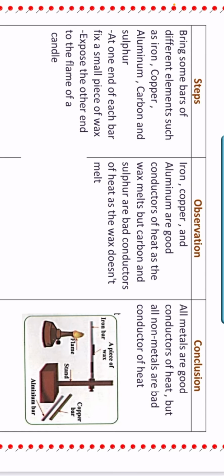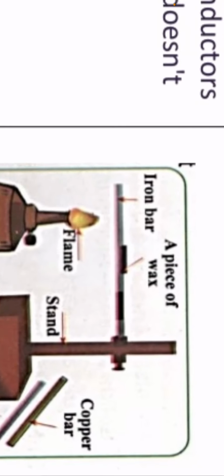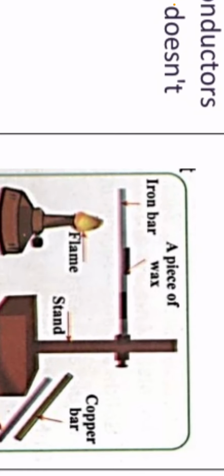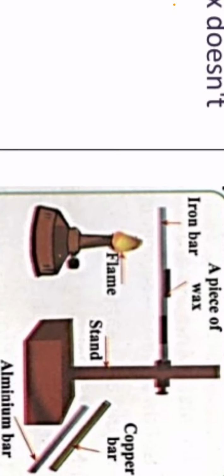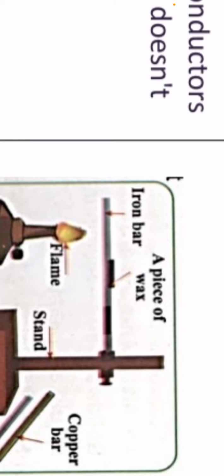Again, when I take different elements, metals and non-metals, iron, aluminium, copper, sulfur, carbon, and put a piece of wax and expose them to the flame. In the case of iron, aluminium, copper, the piece of wax melted because they are metals, good conductors of heat, while in the case of carbon or sulfur, the piece of wax doesn't melt because they are non-metals, which are bad conductors of heat.